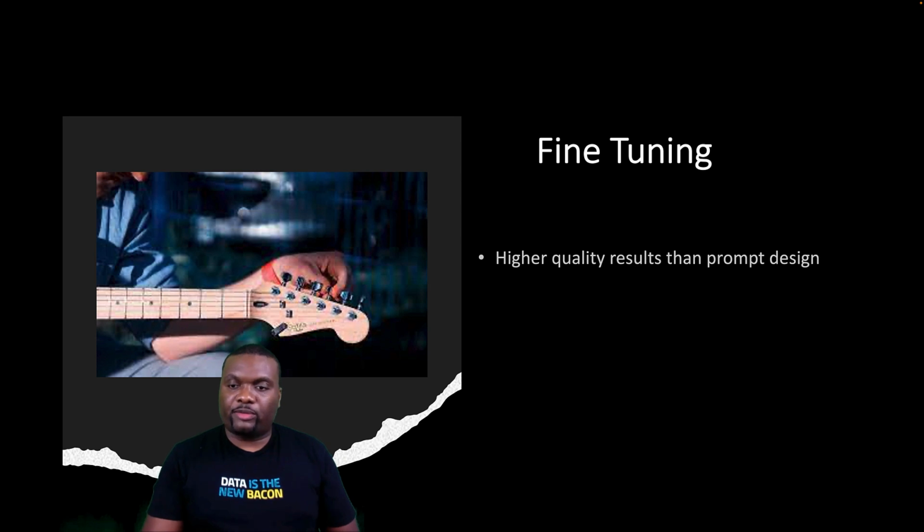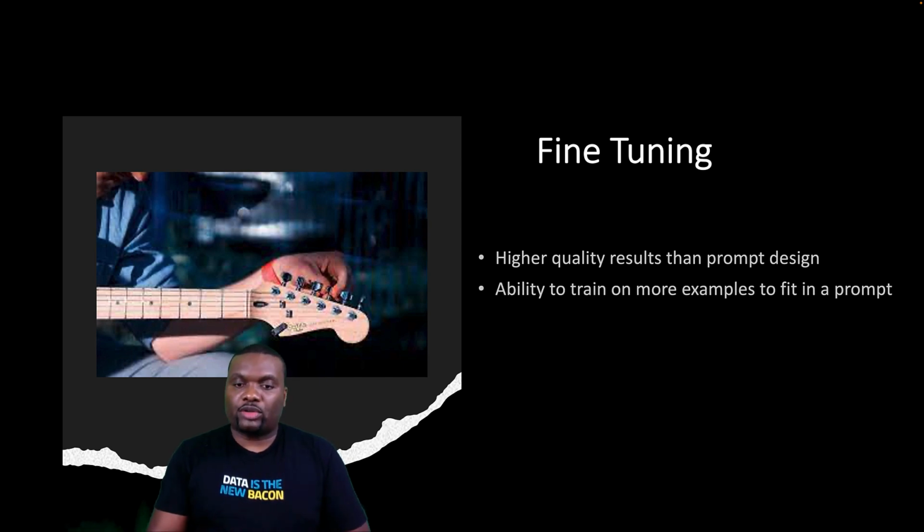Now, this is very helpful because you end up with higher quality than what you will get with the out-of-the-box version of the model. It also allows you to reduce what you have to put in as a prompt, which consumes fewer tokens overall. If you have thousands of requests coming in, this can become very expensive.